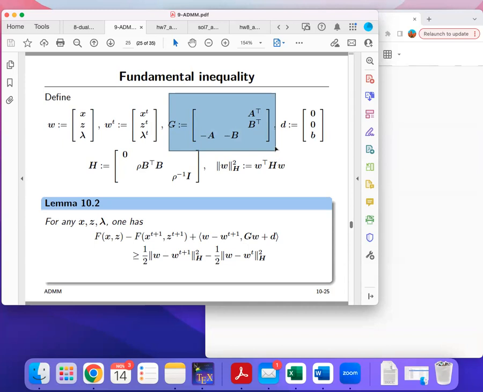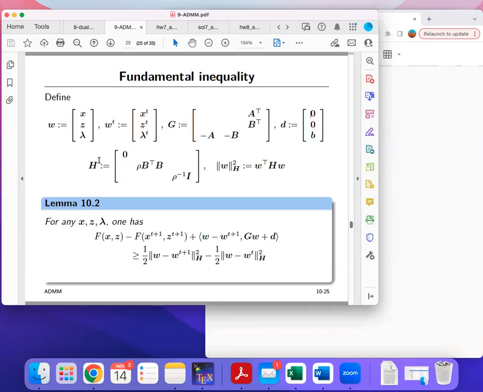And we only put A, negative A, B, negative B in these blocks. This is A transpose, B transpose. And these are just definitions. Vector D is defined by 0, 0, small b, right? Because this is basically calculating the constraint. In the constraint, we have a small b, but for x and z, we don't have any constraint, so we put 0 on them.